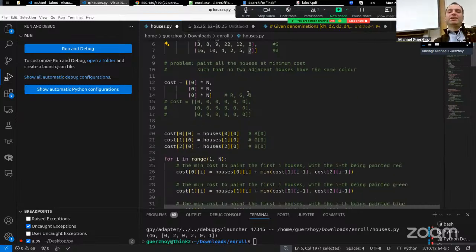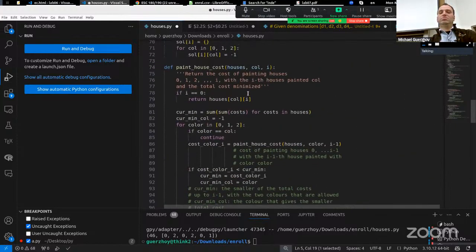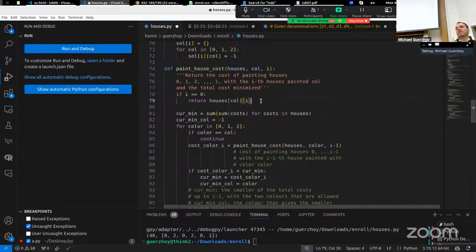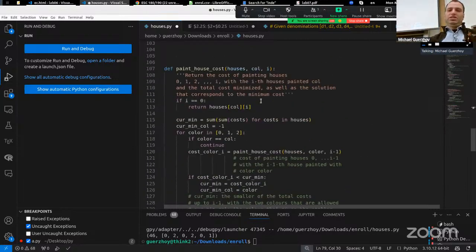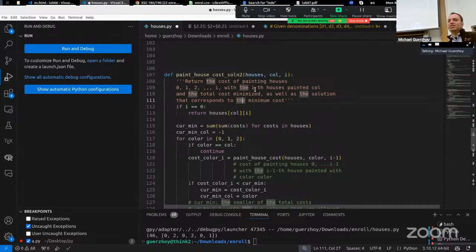So going back here, this is the base case. Does the base case not make sense to someone now? Okay. All right. So this is my solution one, and I've added another thing.